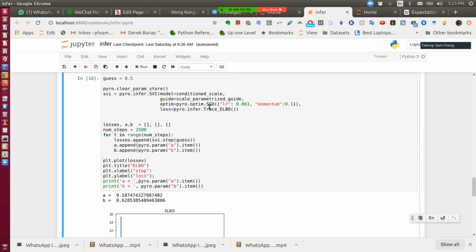So that's the core for finding that. You just call the package like in PyTorch. You don't implement that. You just specify what kind of optimizer you're going to use.